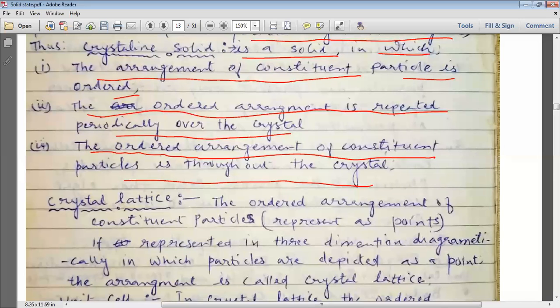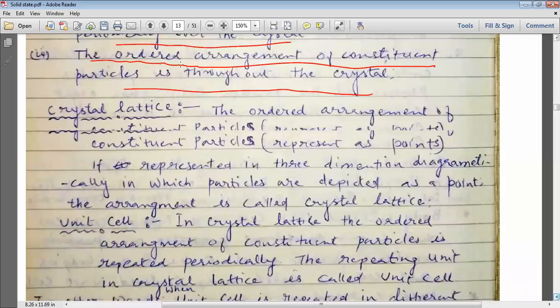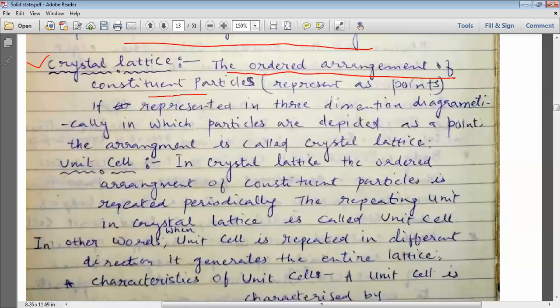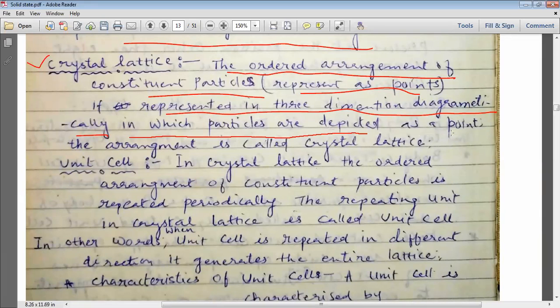Then we have the next one, which is known as the crystal lattice, my dear students. Let us study what a crystal lattice is. The ordered arrangement of constituent particles, if represented diagrammatically in three dimensions, in which particles are depicted as points, is called the crystal lattice.